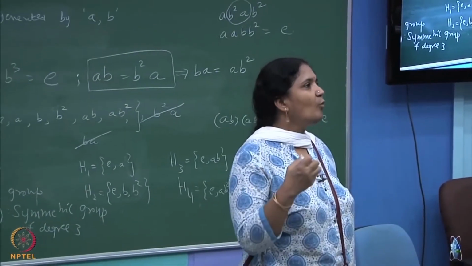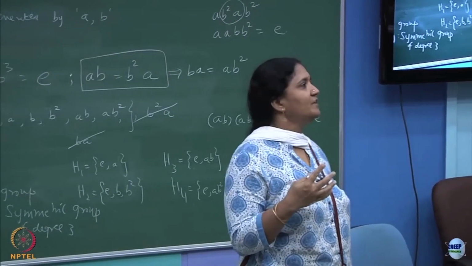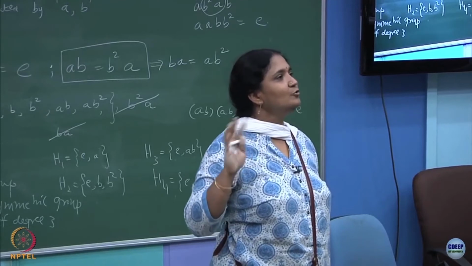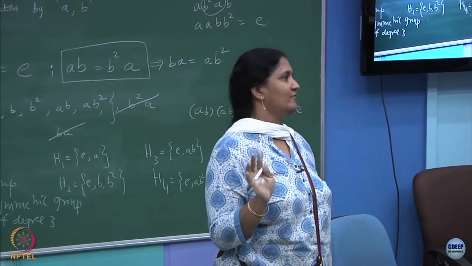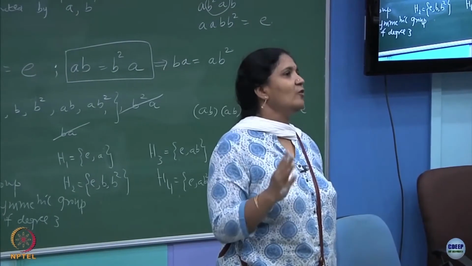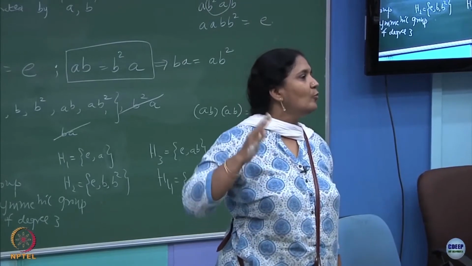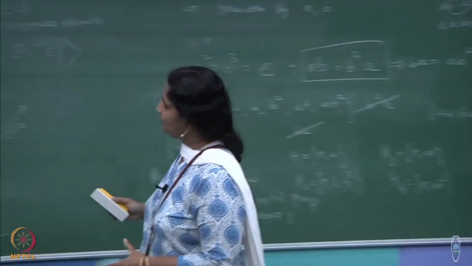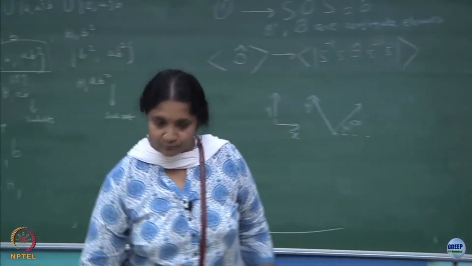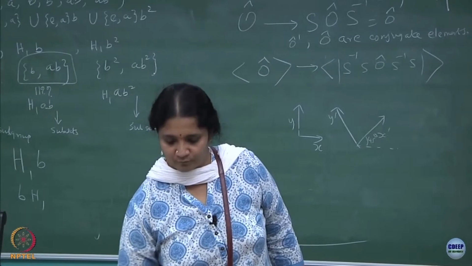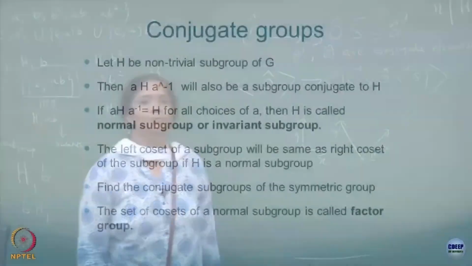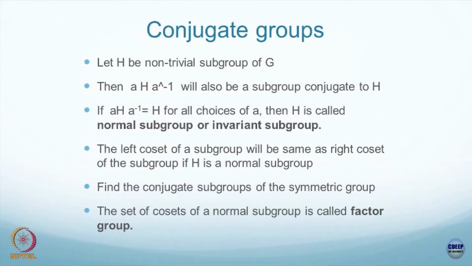We know it is a distinct operation, but if they are related by a similarity transformation, then we should know that the physics is not going to be affected by them. So, to keep track of it, I want to put forth what a conjugate group is. Let me explain what a conjugate group is. So, take a non-trivial subgroup, let us take H to be a non-trivial subgroup of G.